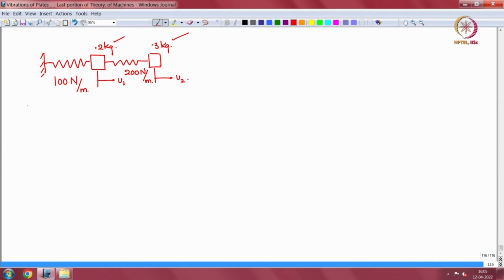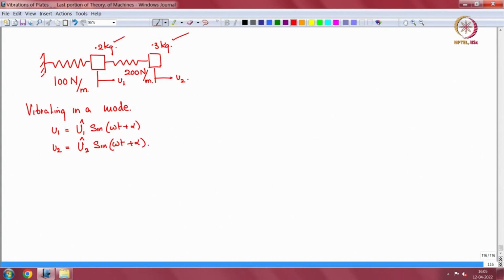Okay. So now let us say they are vibrating in a mode. Then what is their relationship? u1 will be given by some amplitude u1 hat sine omega t plus alpha, and u2 can be given by some other amplitude u2 hat sine, same frequency, same phase.